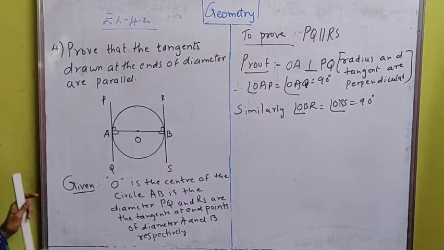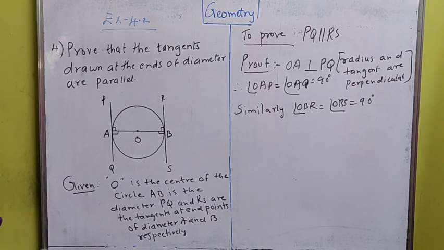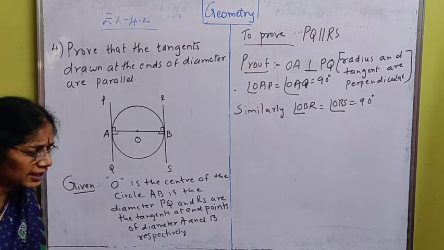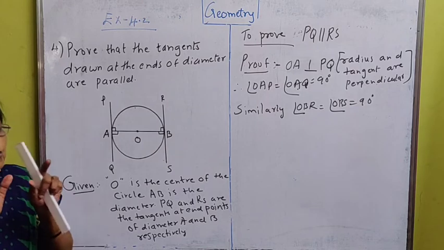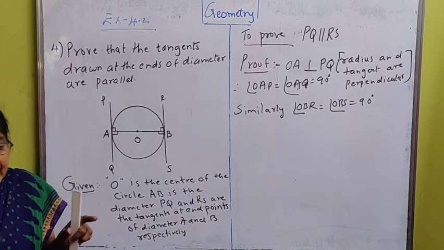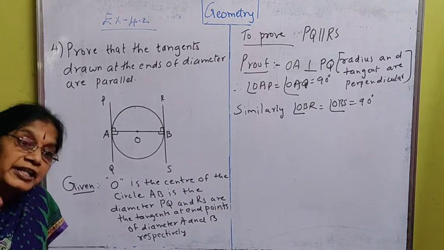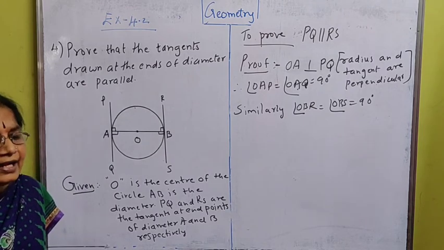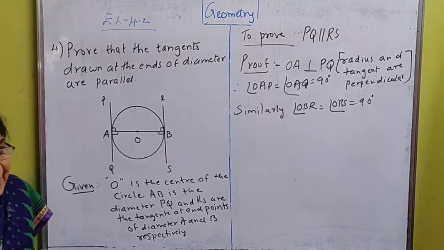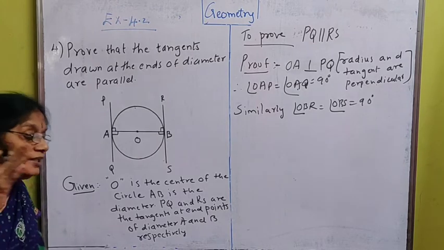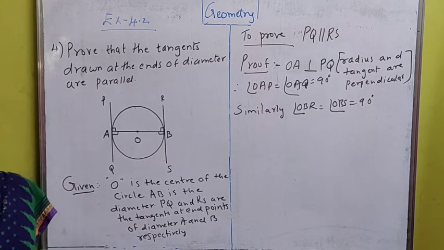In 8th standard you had studied about parallel lines. What is the theorem on parallel lines? It says that if two parallel lines are cut by a transversal, then the corresponding angles are equal and the alternate angles are equal. There are interior alternate angles and exterior alternate angles.